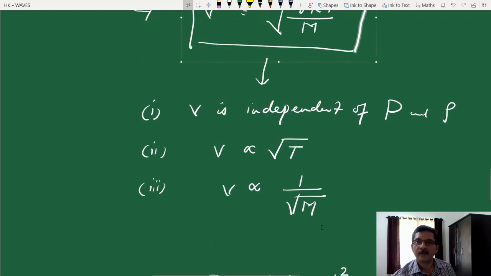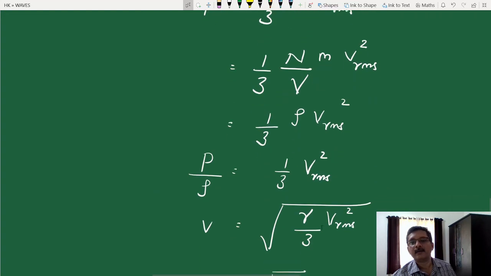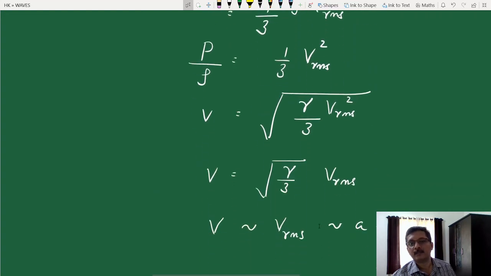So if heavier elements are present, speed will be less. And you can show that speed is the square root of gamma by 3 times Vrms. So speed is of the order of the RMS speed of gas molecules, which is a few hundred meters per second.